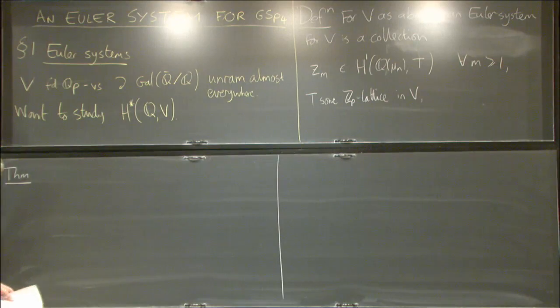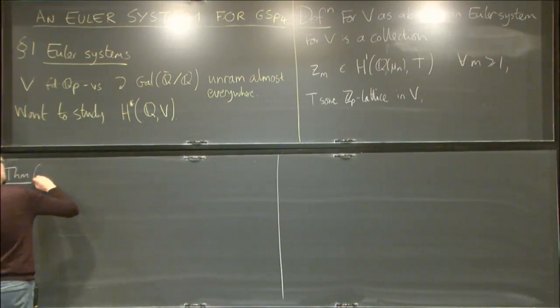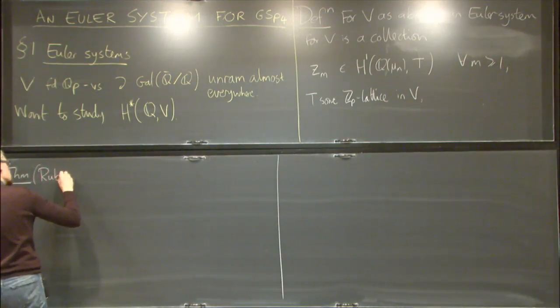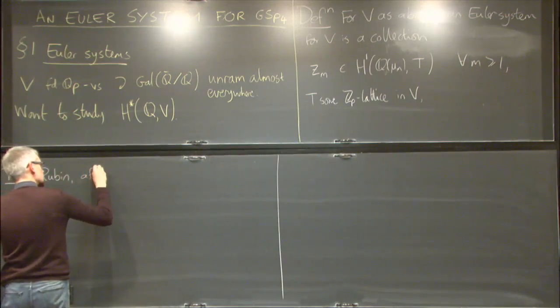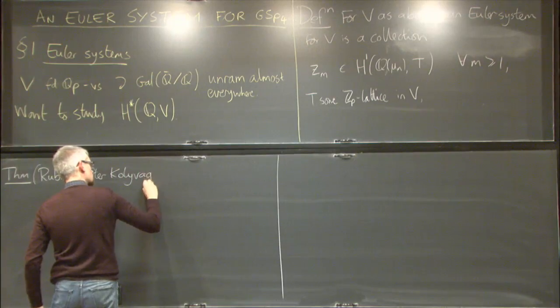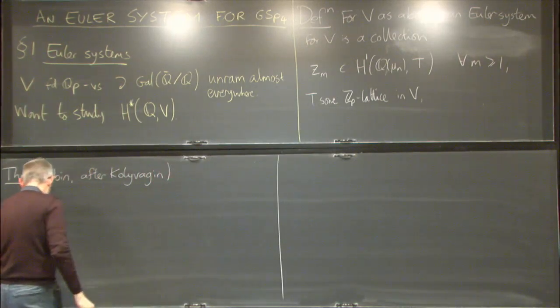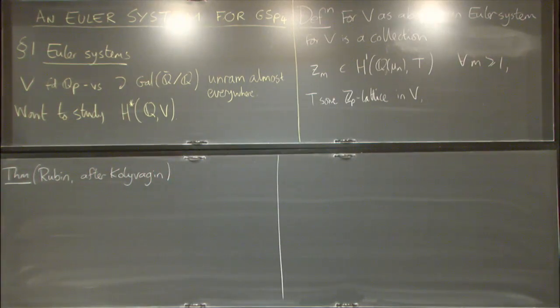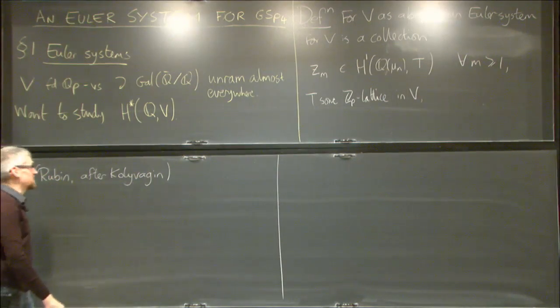So the main theorem about these. The history of this is complicated. Essentially, Kolyvagin proved a theorem of this kind for one specific example of V and an Euler system, and Rubin kind of took the ideas of the proof and formulated a general theorem.